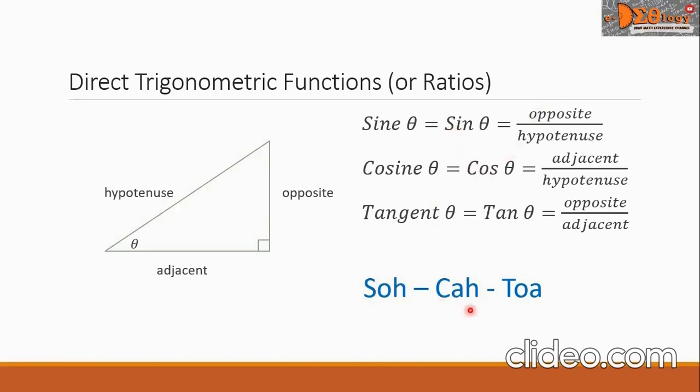The CAH is for the cosine, with that first letter C to denote cosine. The A is adjacent, and H is the hypotenuse. TOA is for tangent, where T is the first letter of the tangent, the O is the opposite, and A is for the adjacent side. So TOA.